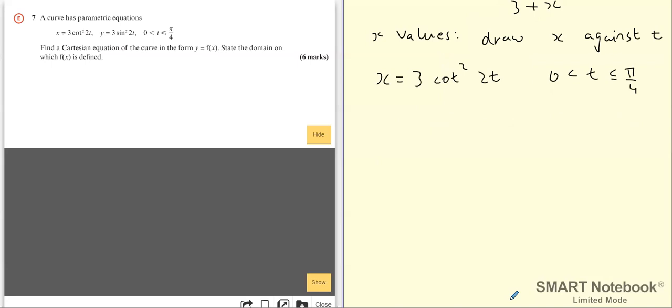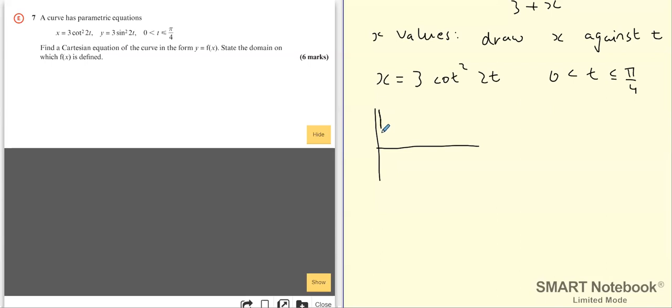So what base graph should I start off with to draw this? Your underlying graph is going to be cot t.